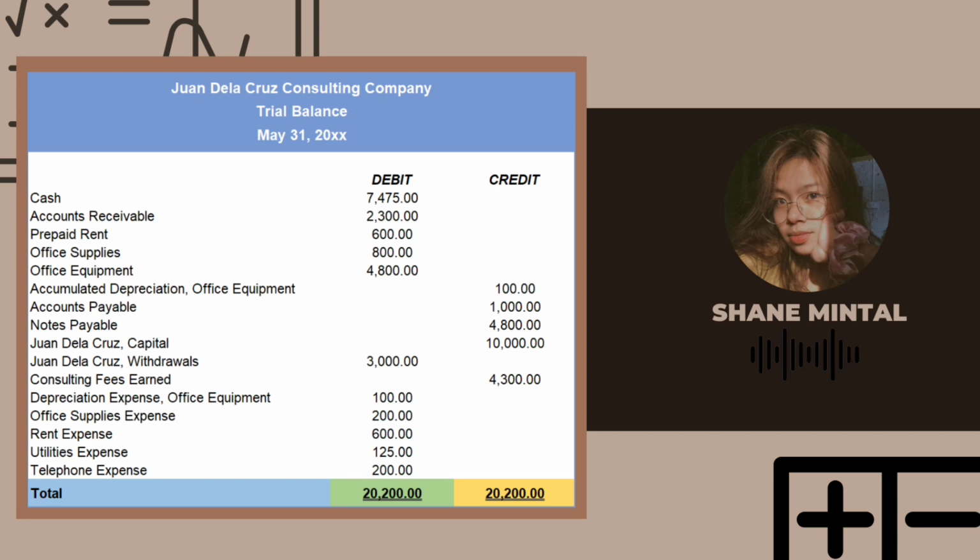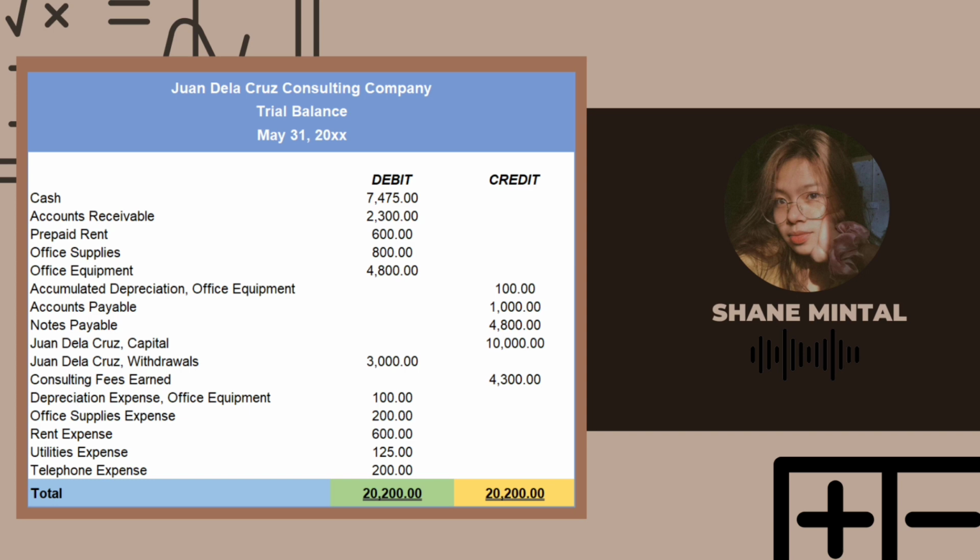As you can see in our data, under the debit column, we have the assets, which are the cash, accounts receivable, prepaid rent, office supplies, and office equipment, with their corresponding amounts that we computed in our general ledger. When we receive or purchase an asset, we debit it because it increases our ownership or possession of valuable items.